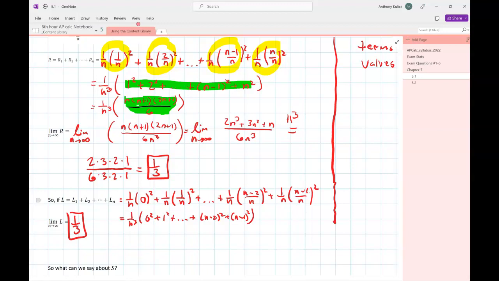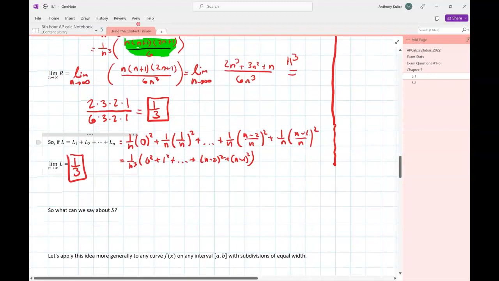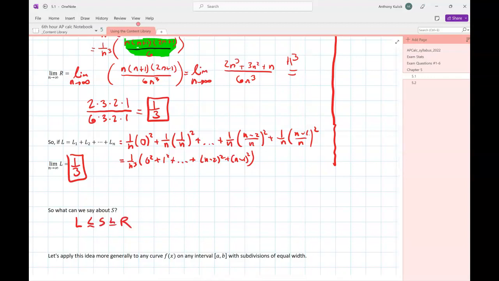I understand how we calculate it, but why? Here's why. What can we say about S? Well, I know that S is bounded by L and R. And I know the limit as n approaches infinity of L is equal to the limit as n approaches infinity of R, and each of those is still 1/3. What are those two things going to allow me to do?